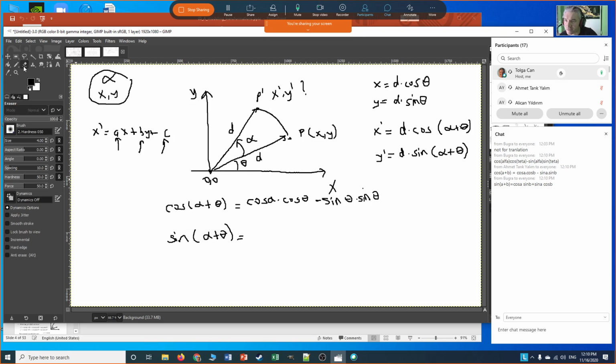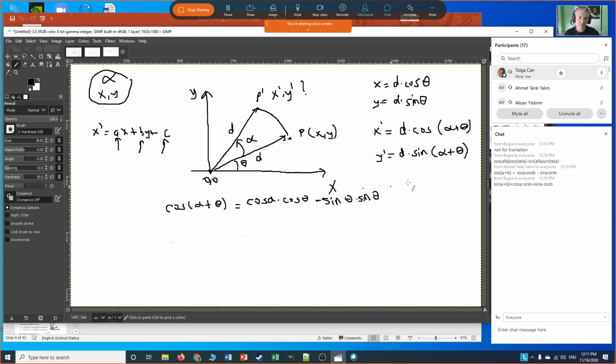Now, let's write x prime. Let me first erase this part. So I have to change this. And underneath, I'm going to write x prime with the help of this new knowledge. And after that, doing the same thing for y prime will be trivial, but you're going to see what we'll have.